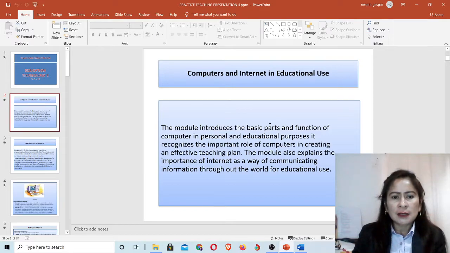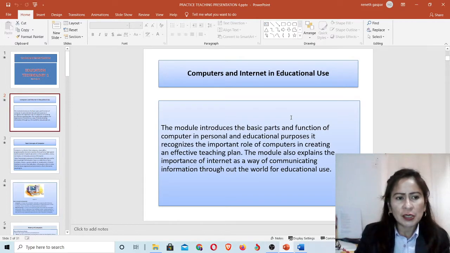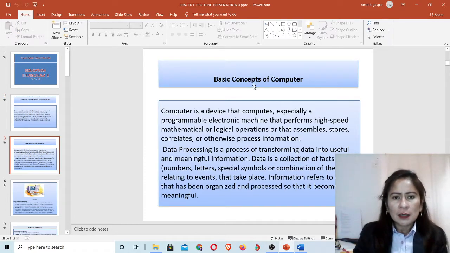It recognizes the important role of computers in creating an effective teaching plan. The module also explains the importance of the internet as a way of communicating information throughout the world for educational use.